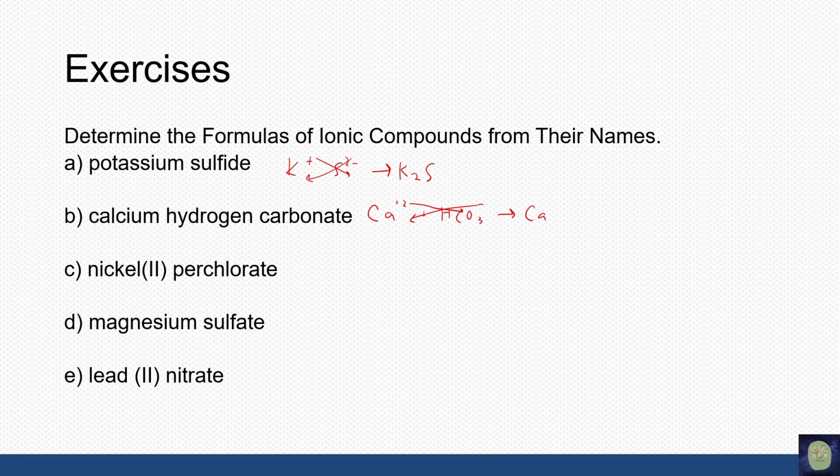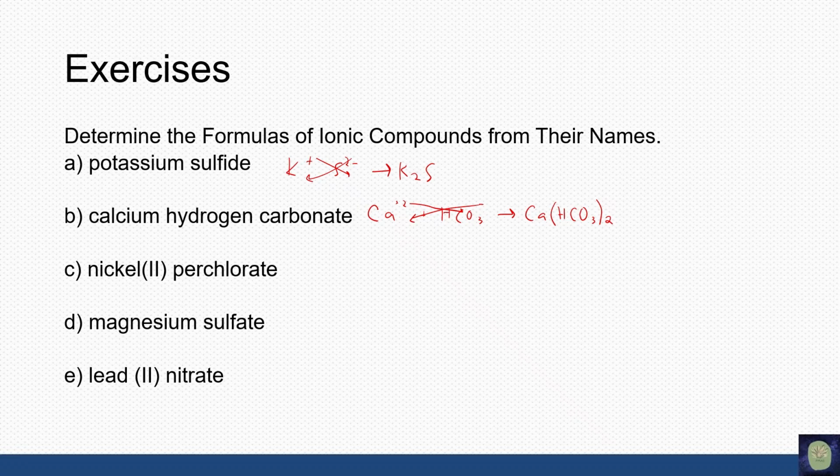Then since the 2 would be applied to the whole polyatomic anion, we must first enclose it in parentheses, HCO3, and then we write the subscript 2, which means the 2 is applicable to all the elements in this polyatomic compound.